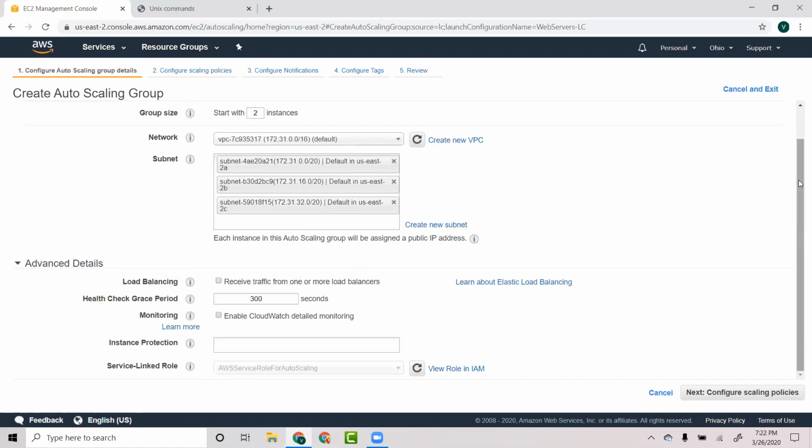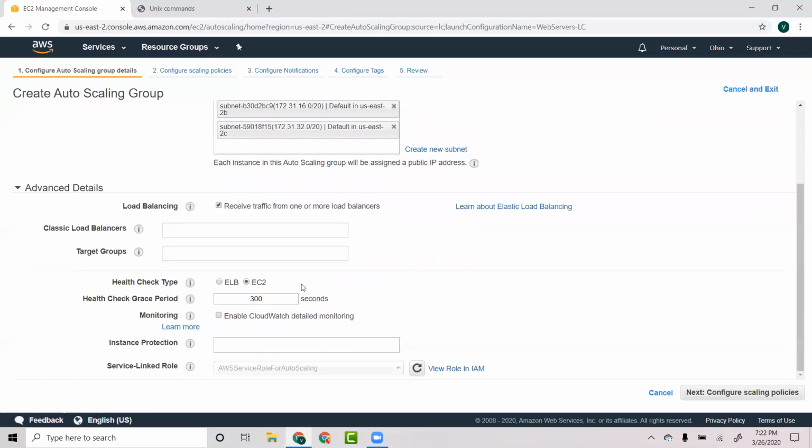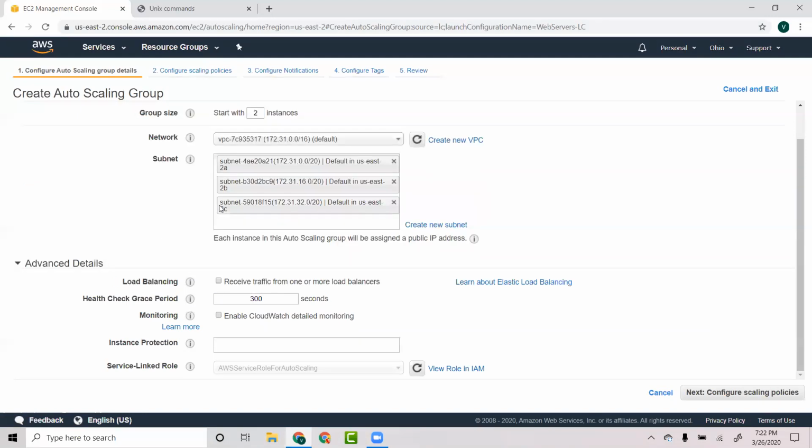Now look at advanced details. Load balancing, receive traffic from one or more load balancers. Sure. And my target group is, I don't have any target groups. So I'll take this out. But you understand what I'm saying here is load balancing. We saw this in the last class, right?